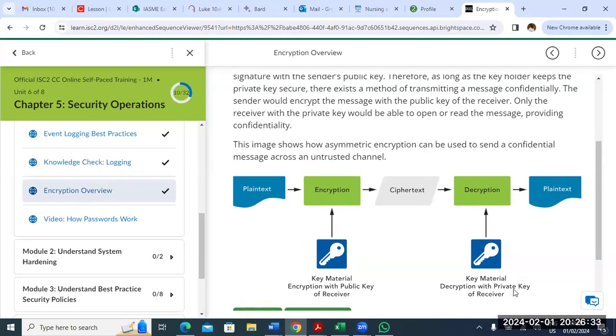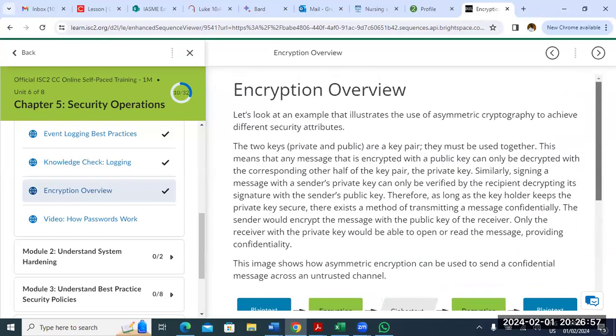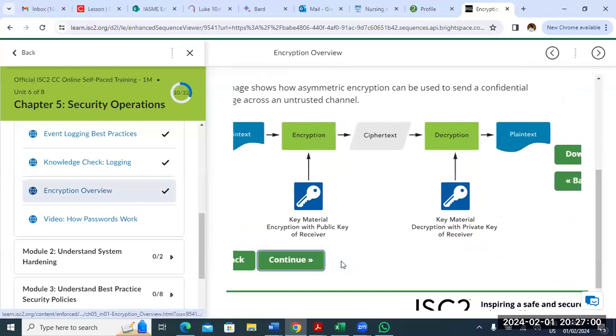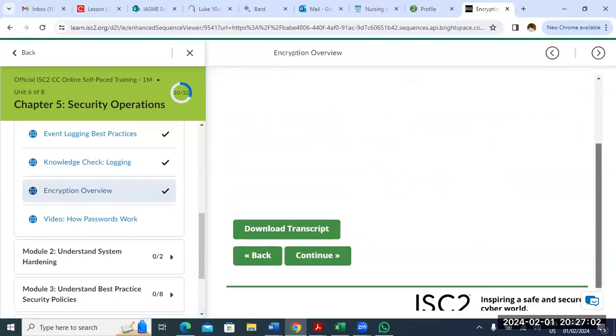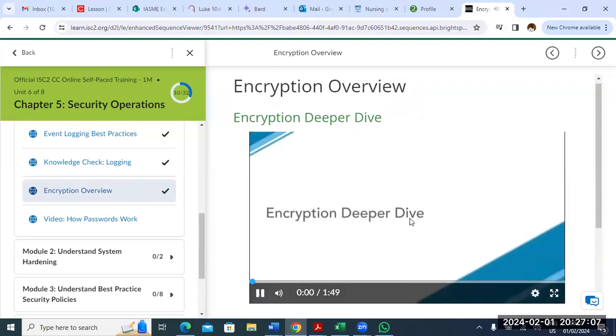The receiver will use his own private key to decrypt. So I'm sending something to B. I'm using B's public key to encrypt. Since he already has his own private key, he will just open it and be able to access the document. If you are not the person, you won't be able to open it because you don't have the private key to decrypt. That's just the explanation here. It's slower, but it's better. Let's listen to this.